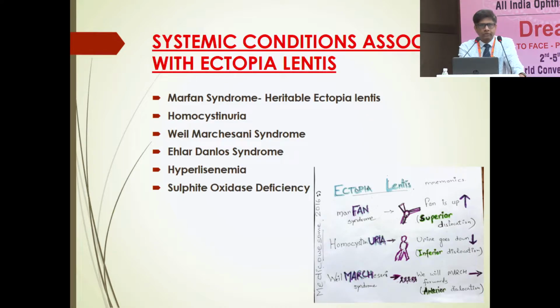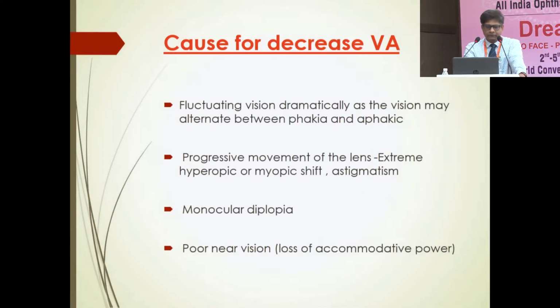And the beginners should know where the lens dislocates: in Marfan's, it is dislocated superiorly, in homocystinuria inferiorly, and in Weill-Marchesani it can move forward and cause complications such as angle closure or pupillary block glaucoma.